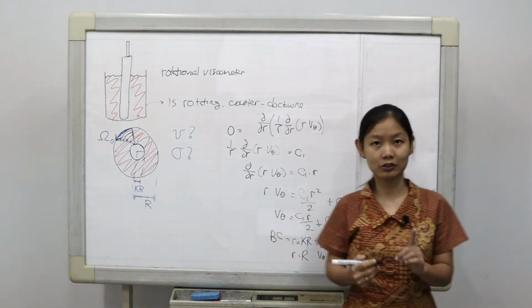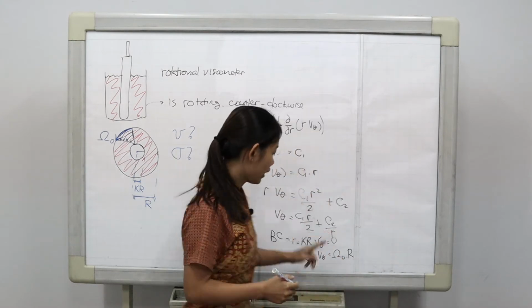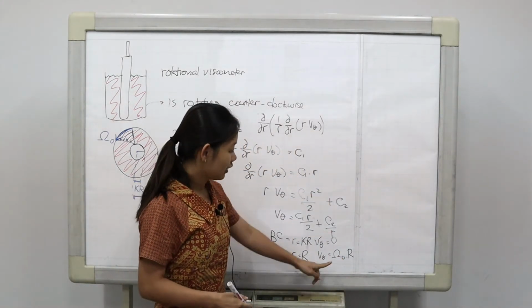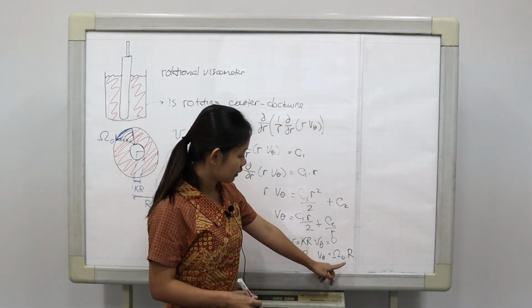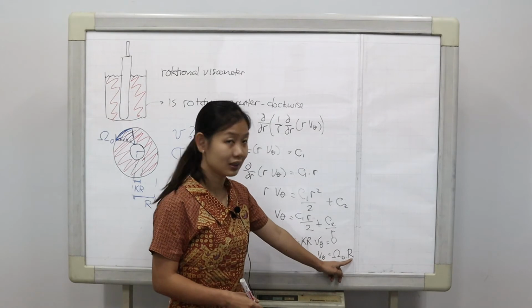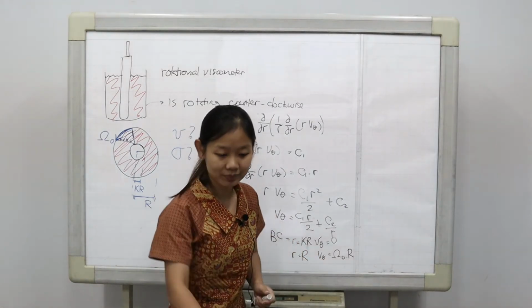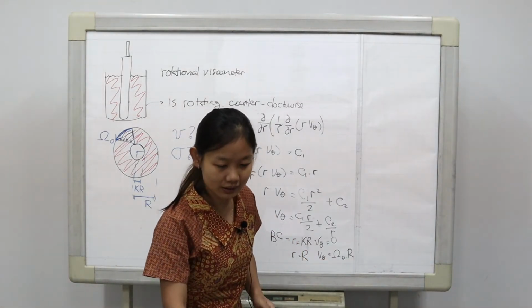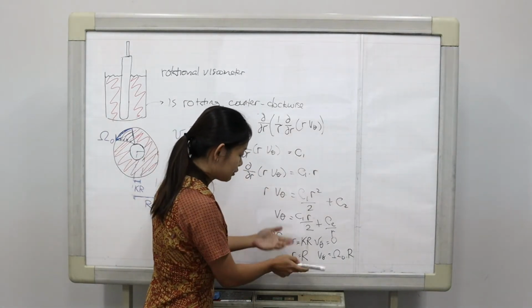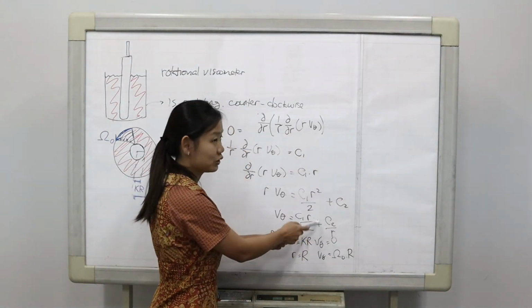If we want a linear velocity, we need to multiply the angular velocity ω by the radius. Then we must substitute these boundary conditions into the equations.